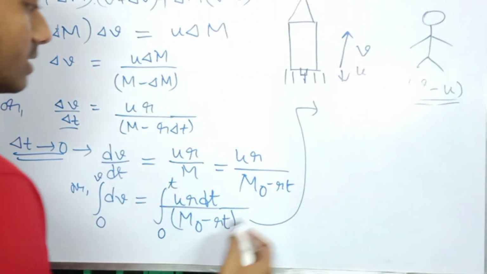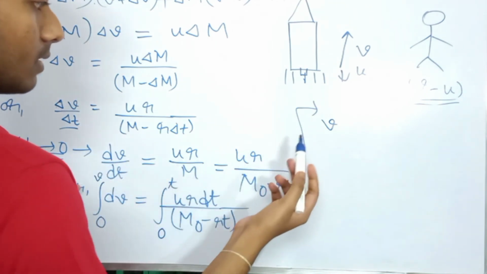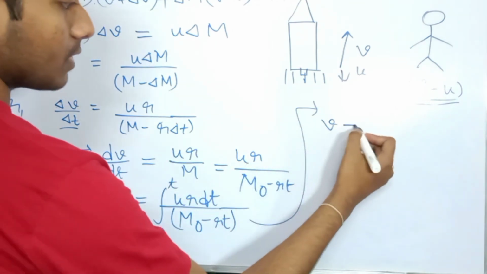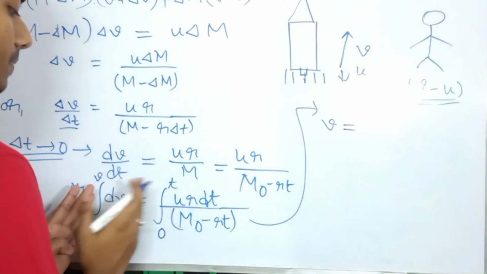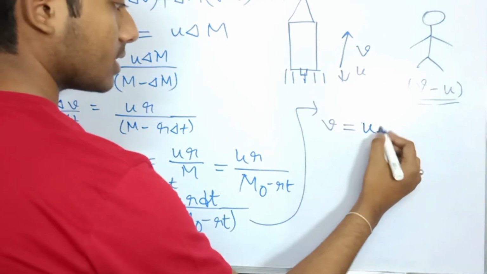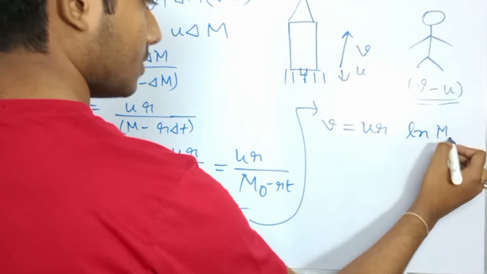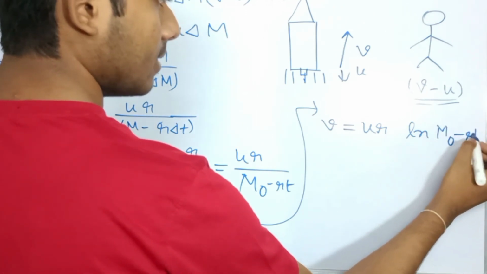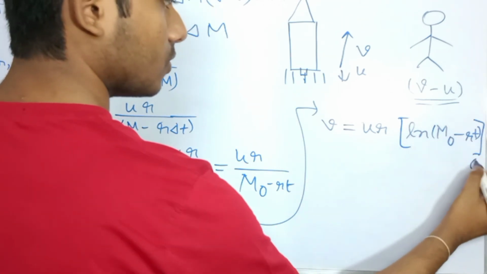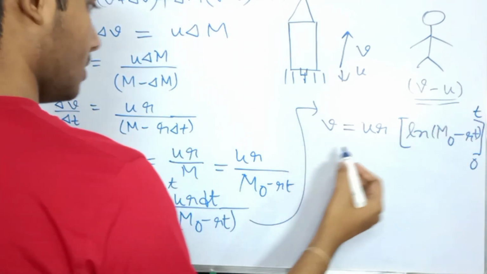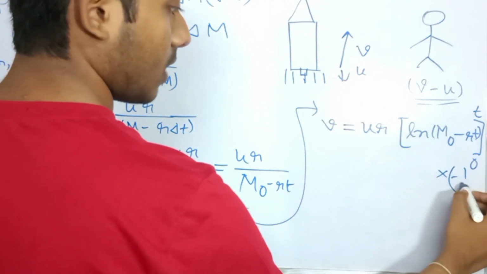If we integrate this, the left hand side will be v, small v, and on the right hand side, u r will be taken outside, and the value of the integral will be ln of m0 minus r t, with limits from 0 to t, times minus 1 by r.